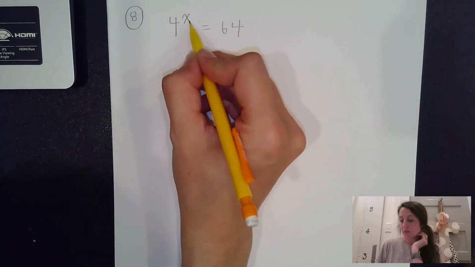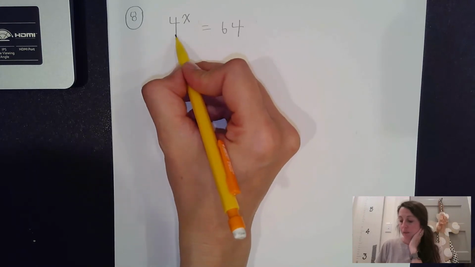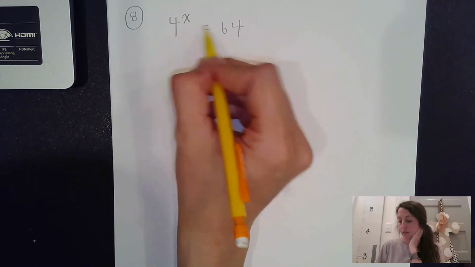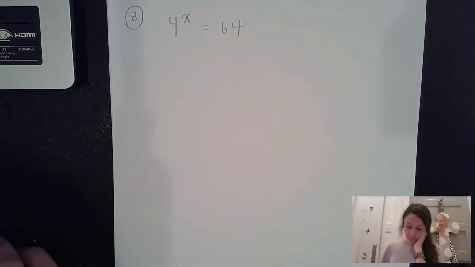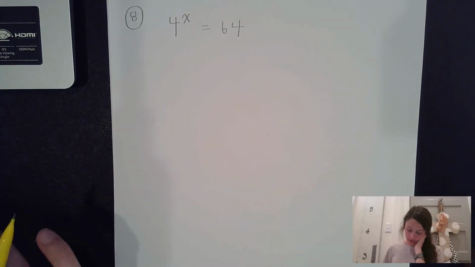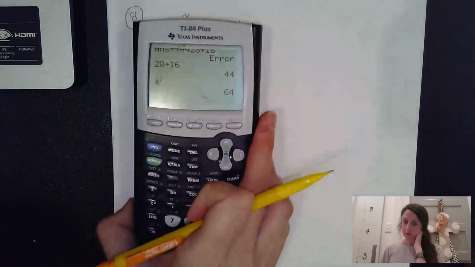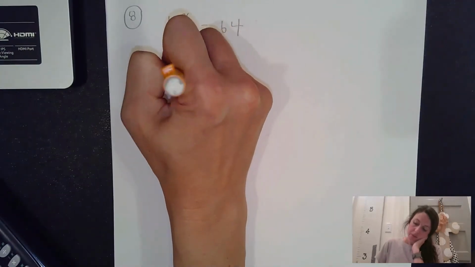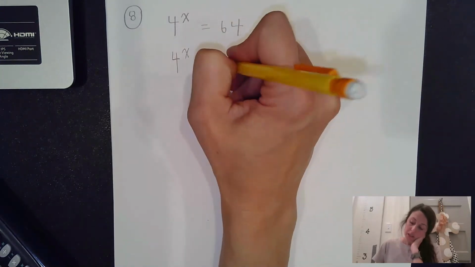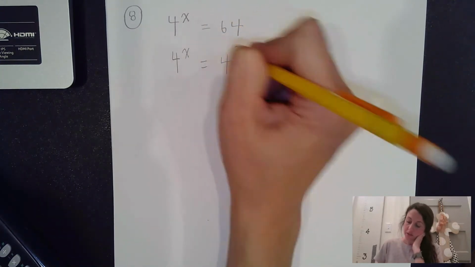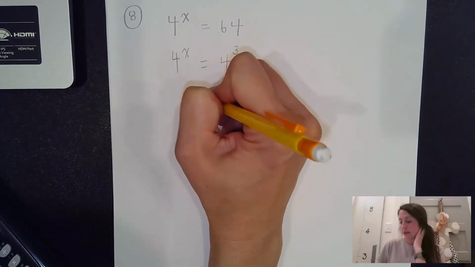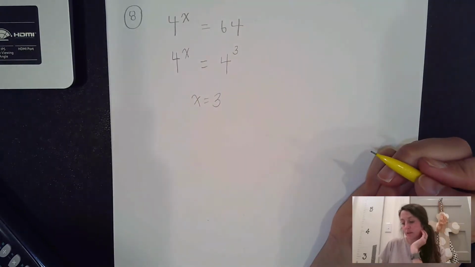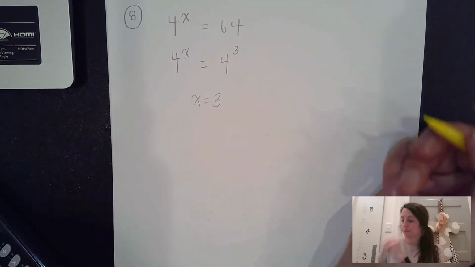If I wanted to solve this exponential, 64 is what? 4 raised to the third power. So 64 is 4 raised to the third power. So this could be 4 raised to the x power is equal to 4 raised to the third power. So then we can set our exponents equal to each other.